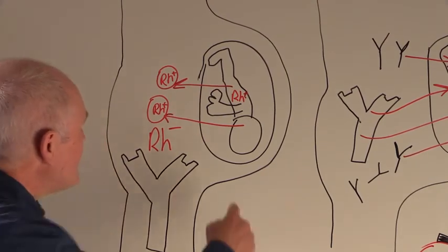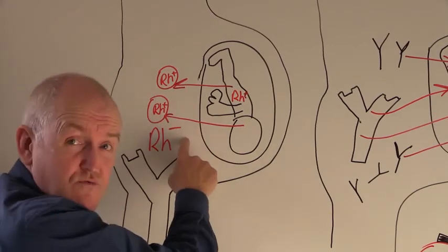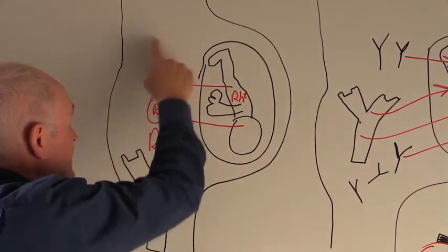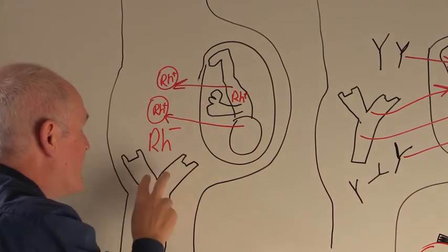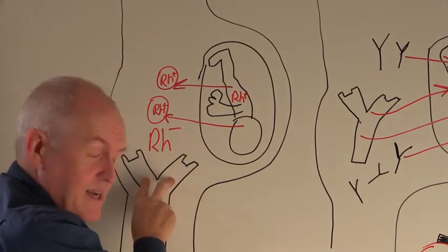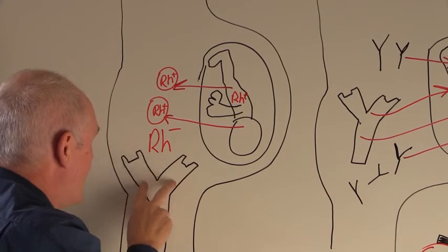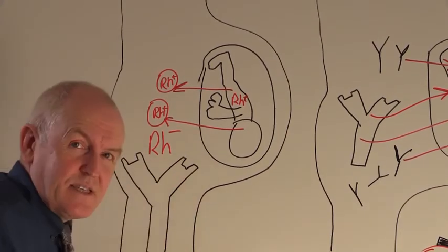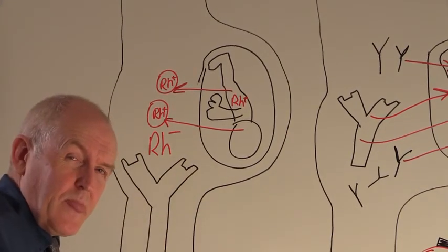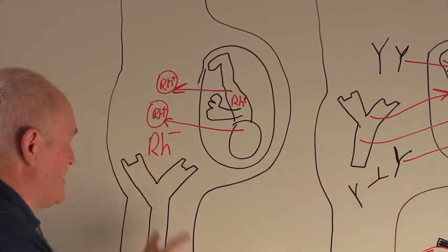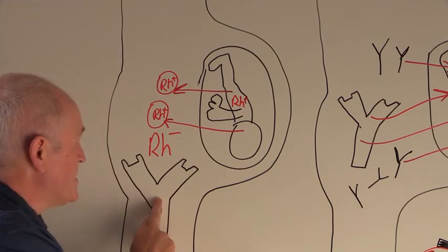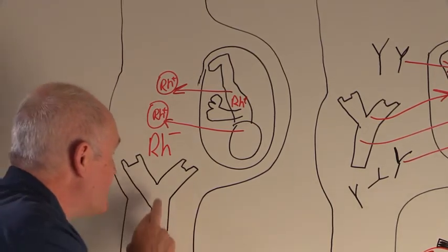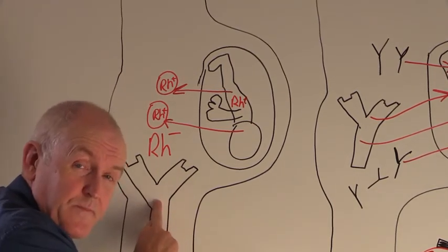And then that means that any of the fetal red cells that of course are rhesus positive, that have got into the mother, will be quickly agglutinated and hemolyzed by these antibodies that we have given. But because this is a passive immunisation, within a few months the mother will have got rid of all of these antibodies, and the key thing is she will not have produced her own.